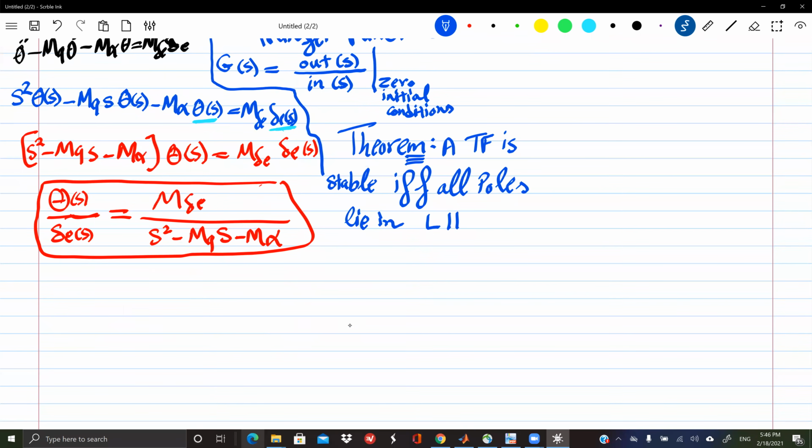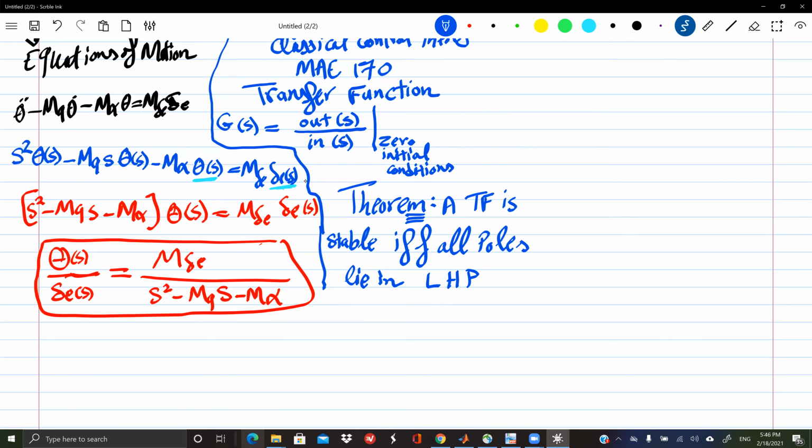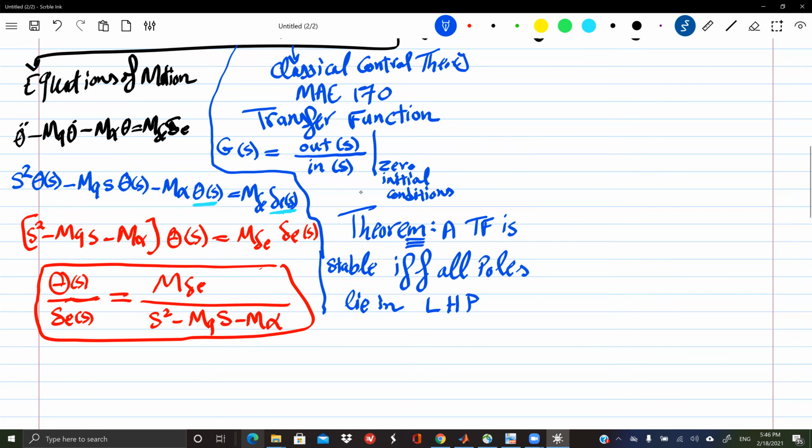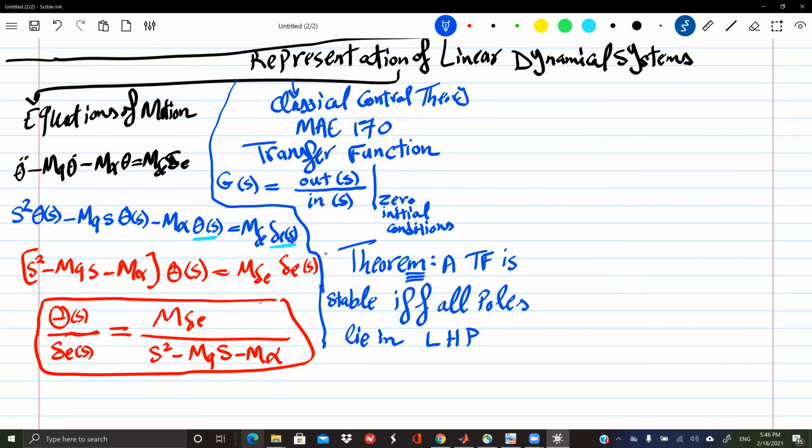Okay, what do you mean? We agreed that everything will be in terms of the transfer function, because this is how we represent our dynamical system in this setting. A transfer function has a numerator and a denominator, like you see here. The poles of a transfer function, if you remember, are simply the roots, the solutions, of the denominator.